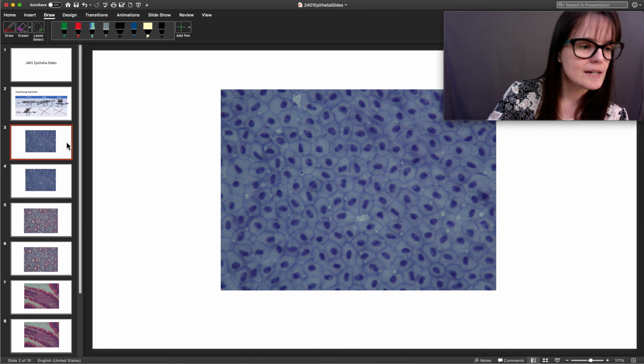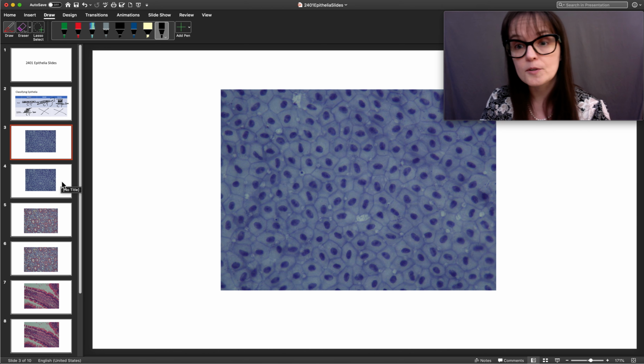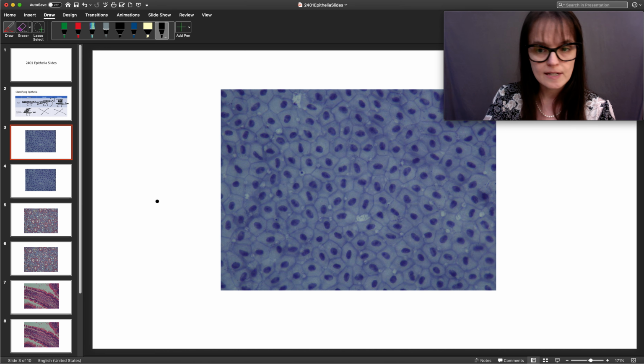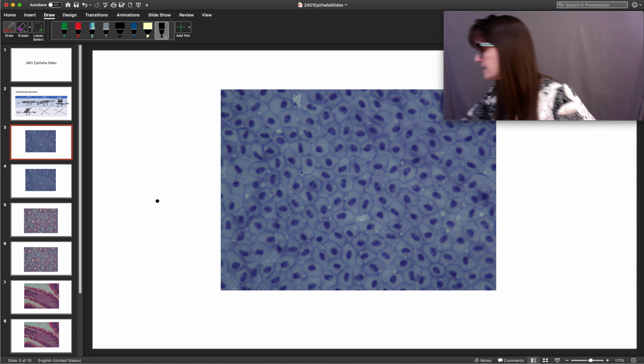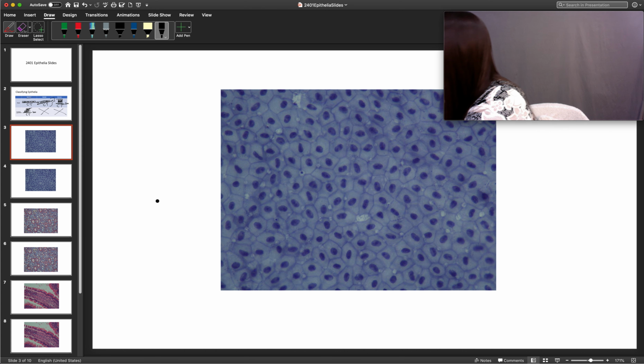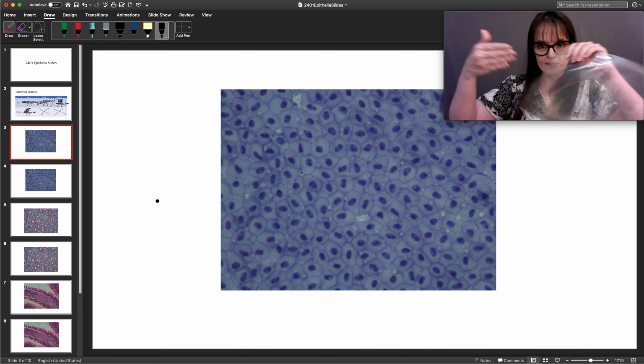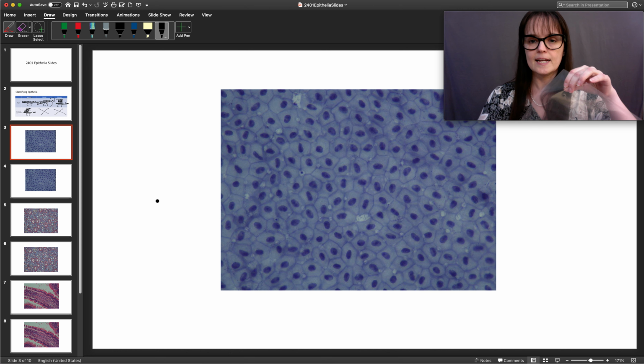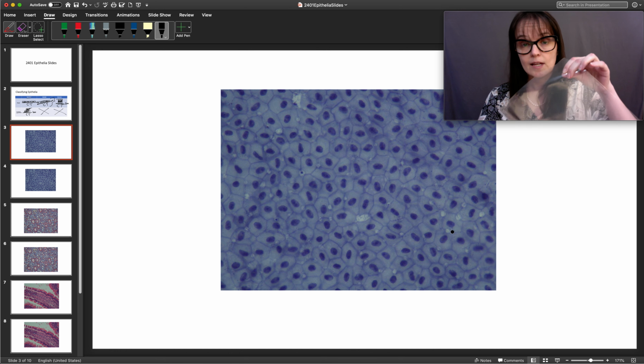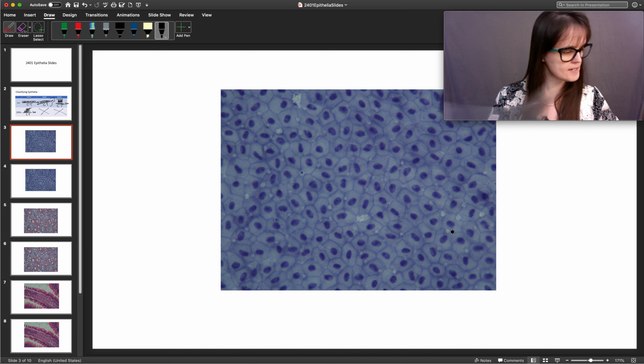So I will leave a blank one here for you to print, and I would put it in a clear plastic sheet protector, and that way you can label it with dry erase markers.